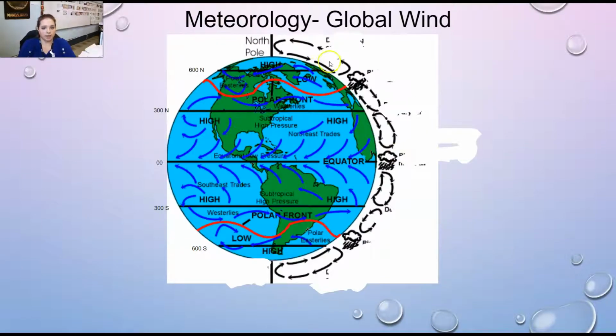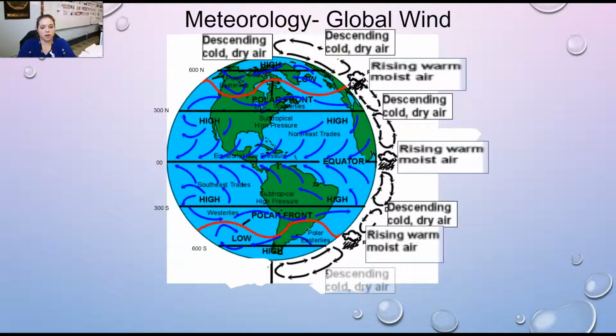All right, so looking at this, you have descending cool, dry air up here. And then on the other side, it goes in that circle right there. I'm just going to click through this so you see these and you can write these down. So you've got rising moist air, which causes lots of rain. You're going to see that at 60 degrees north, 60 degrees south, and at the equator.